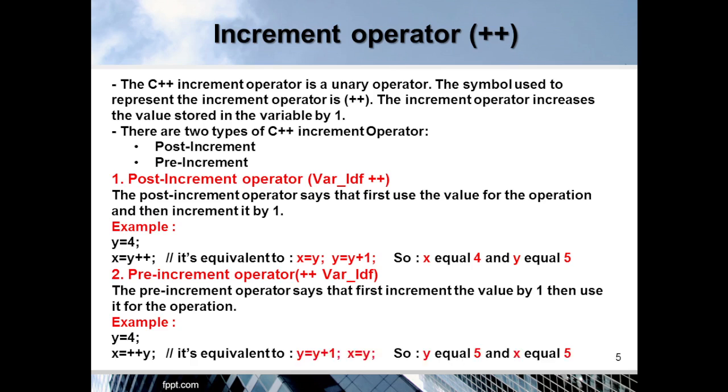So this instruction is equivalent to y receives y plus 1, as I said, we increment y by 1. Then after that the last value of y, which is 5 after the incrementation, is copied in x.